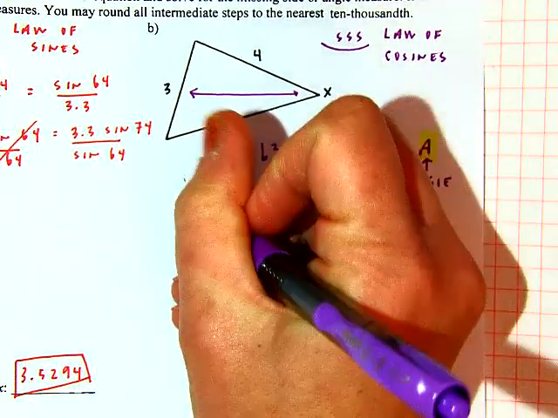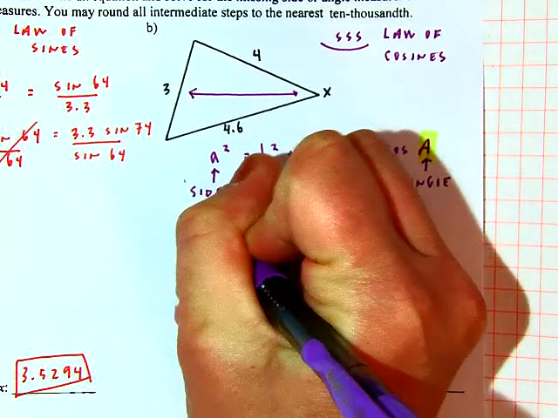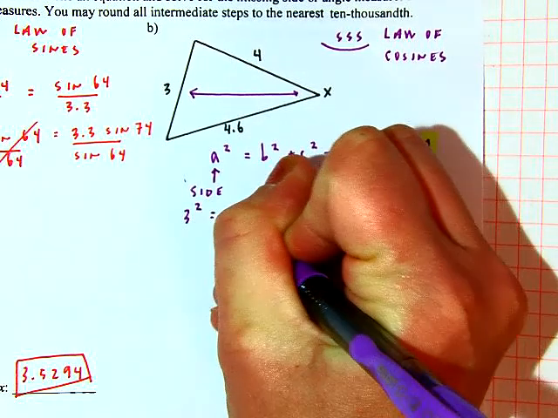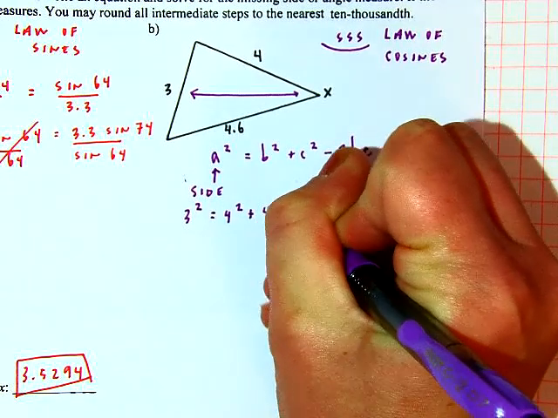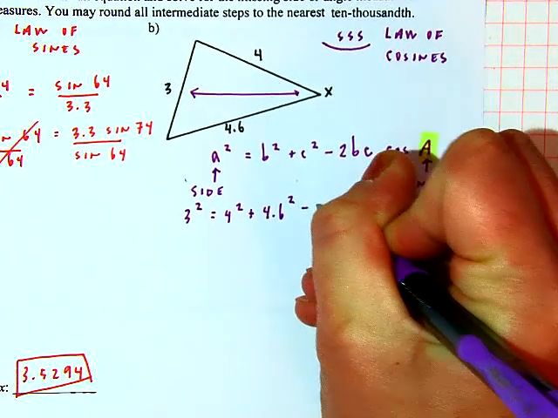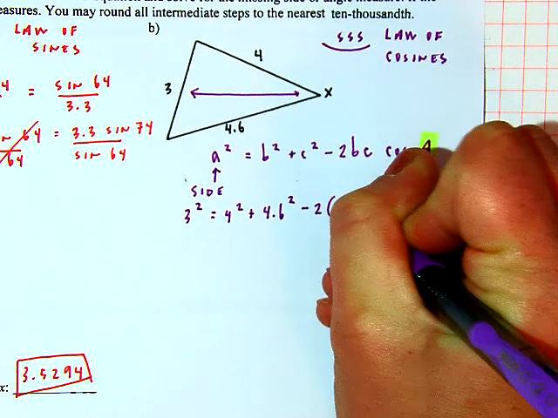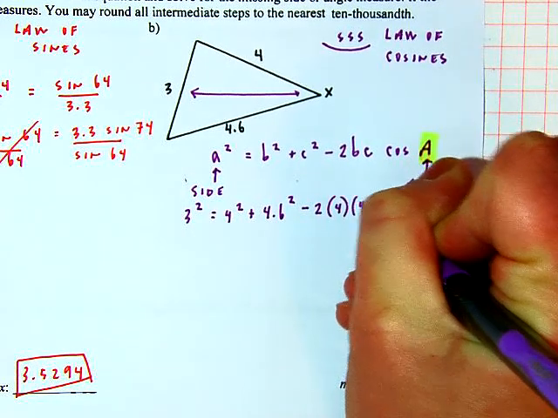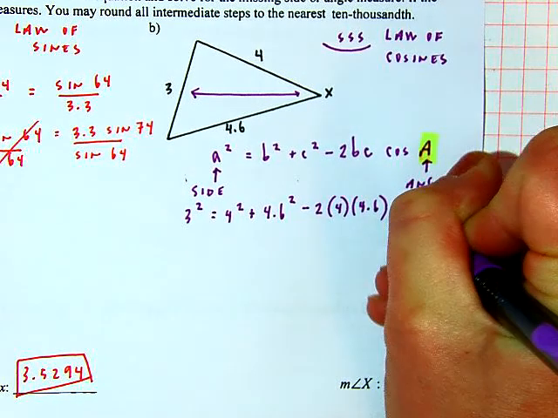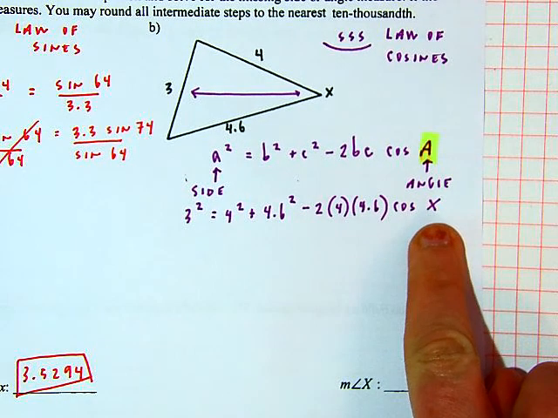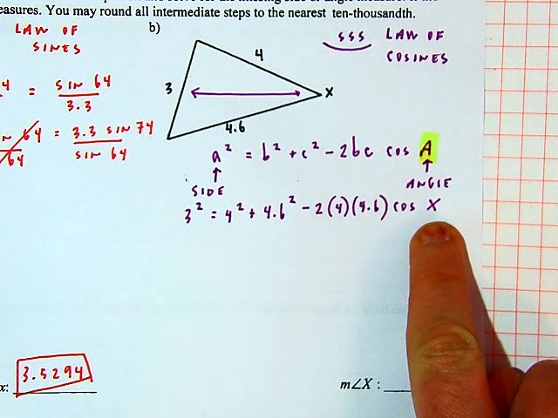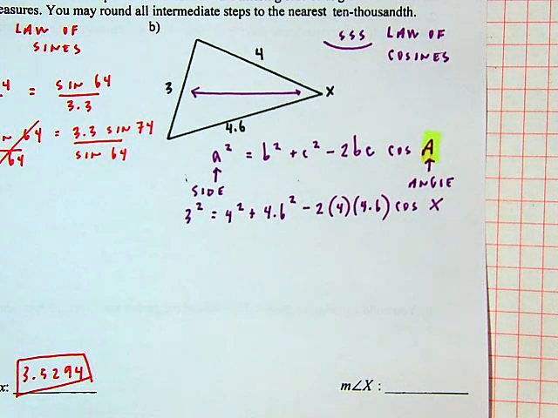So let me go ahead and plug in. So 3 squared equals 4 squared plus 4.6 squared minus 2 times 4 times 4.6 times cosine x. So again, that's what I'm solving for. I'm solving for the angle measure that is marked x.